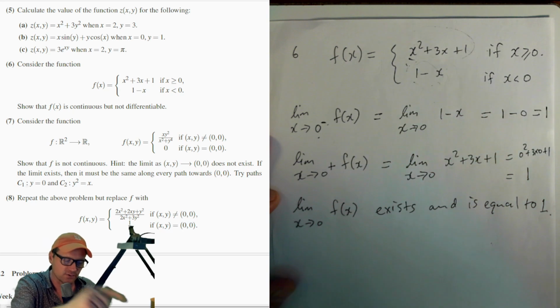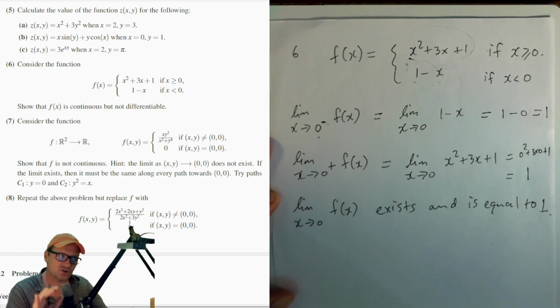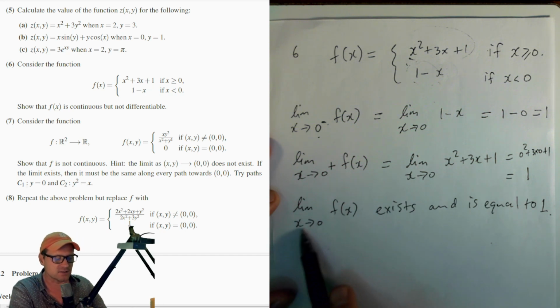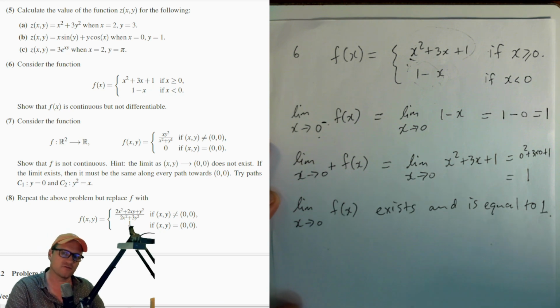All right, so now to show that f is continuous at 0, we have to show that the limit as x approaches 0 of f(x) is equal to f(0).